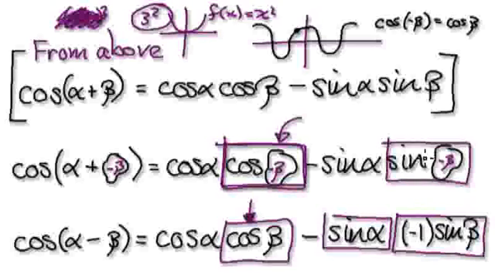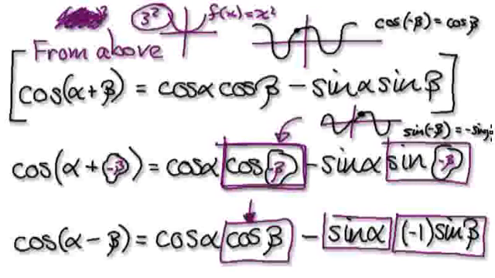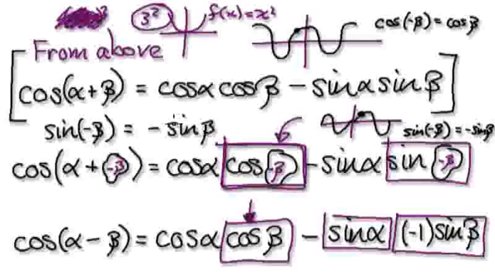Now looking at this, sine minus beta. Sine is an odd function, so it's like this. Because it's an odd function, sine minus beta is the same as minus sine beta. So just do the positive version of that.